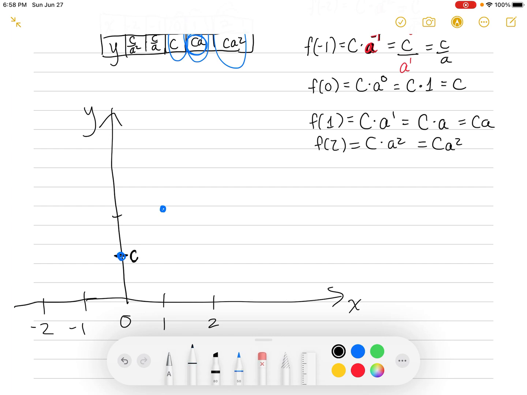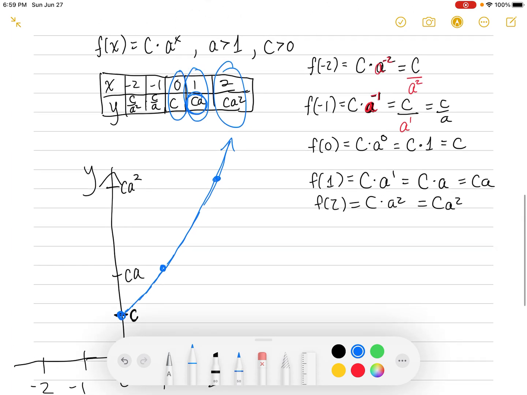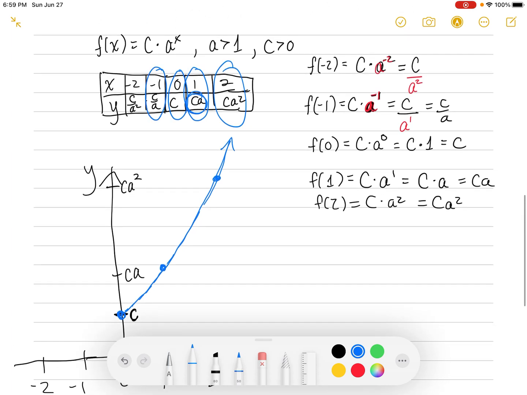Where would ca squared be? Well, if you take ca and multiply it by another a, that's going to make things a lot taller. So this will be ca squared, right? We multiply it up there. This would be 2, comma ca squared. So what's happening is you're getting this.